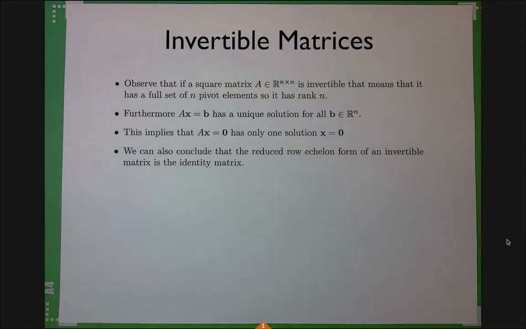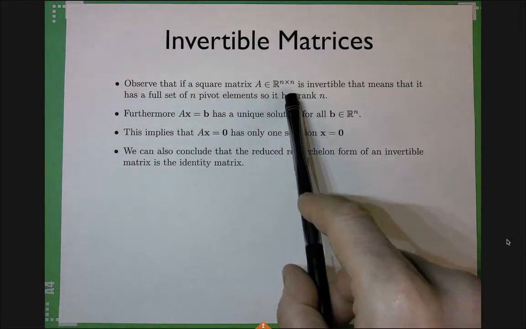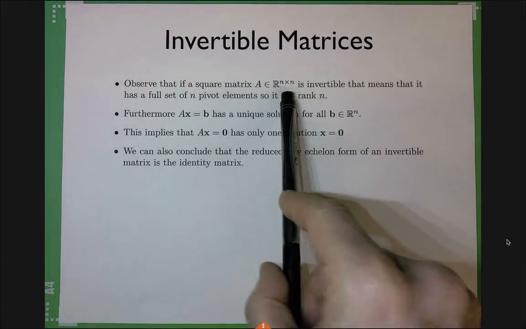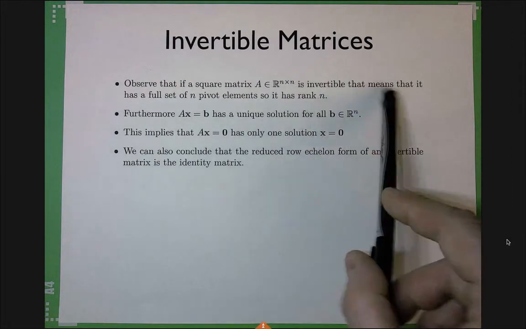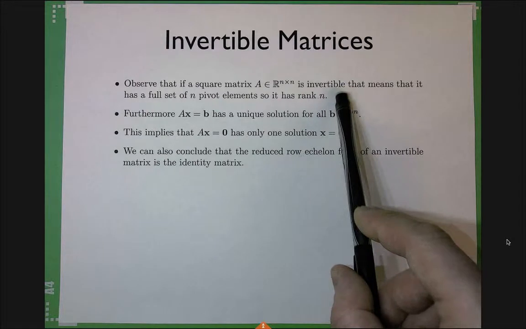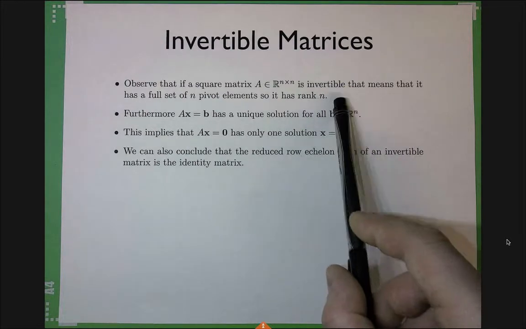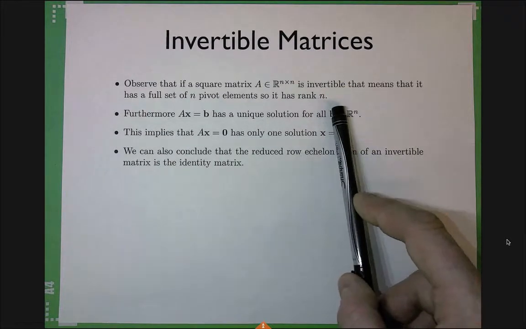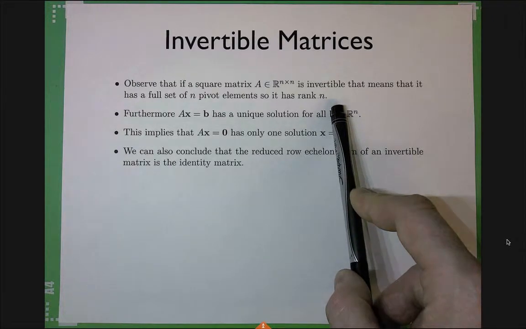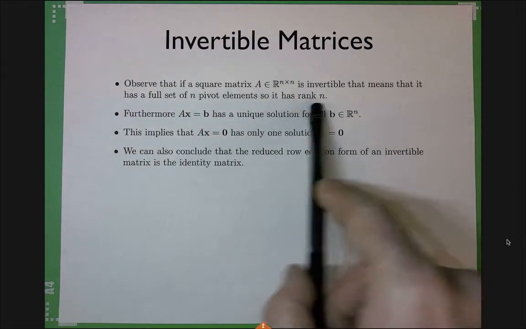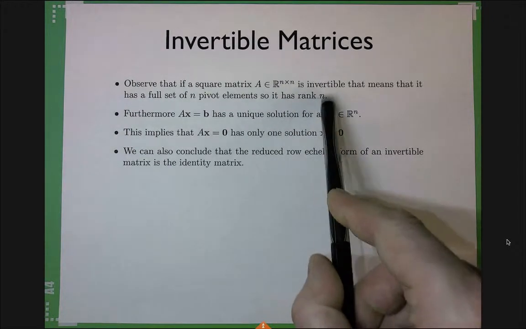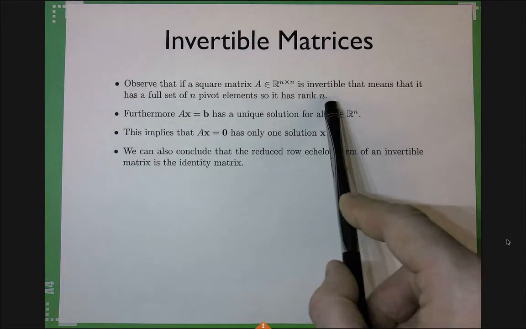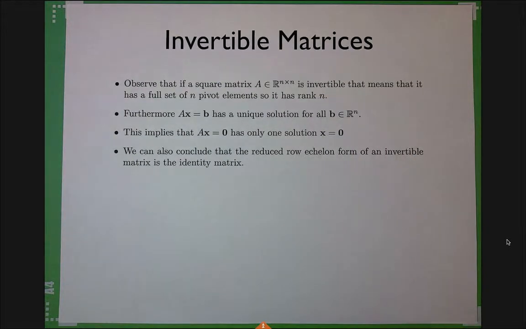There are pseudo inverses and so on, but that's an advanced thing. And how can we tell if a square matrix is invertible? The easiest way is by looking at the rank of the matrix. If the rank is exactly n, if the matrix has full, the maximal rank, then the matrix is invertible.